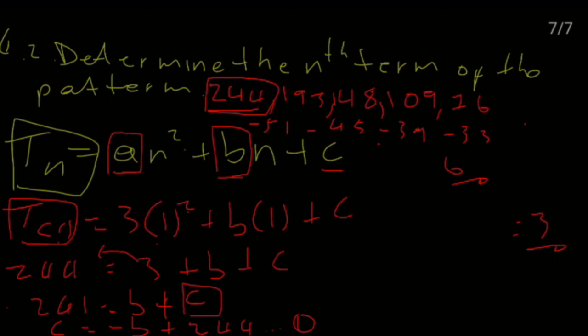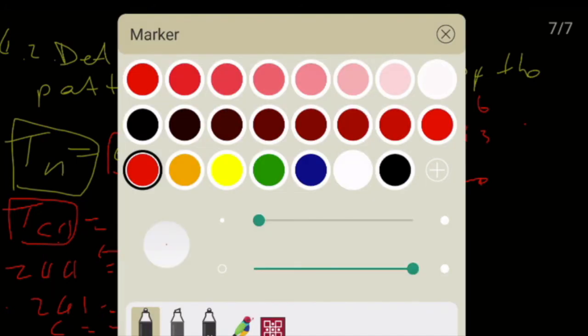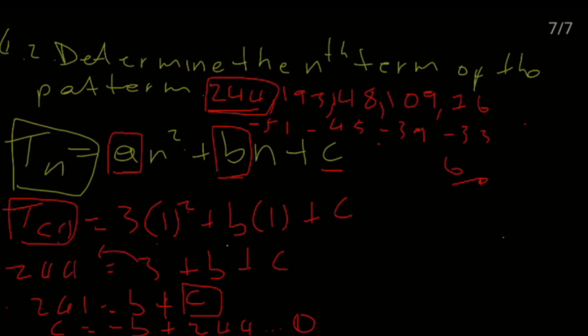Remember, again, in this case we are going to deal with two unknown variables, which are B and C, meaning I can go ahead and try to solve them simultaneously.